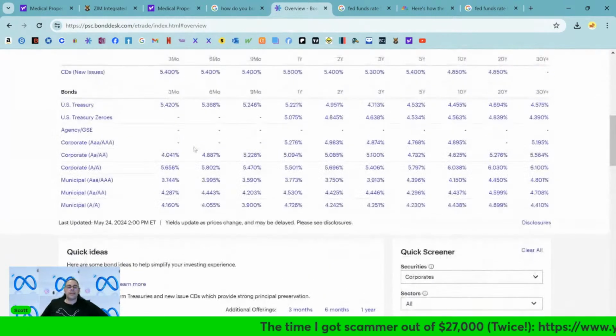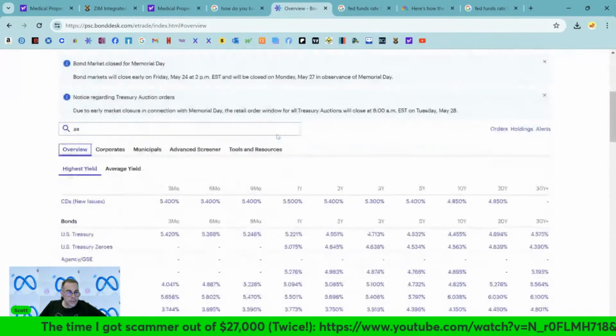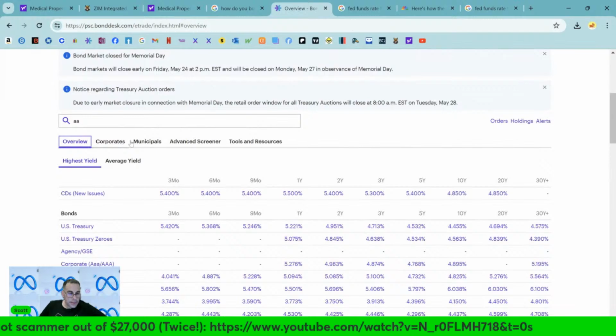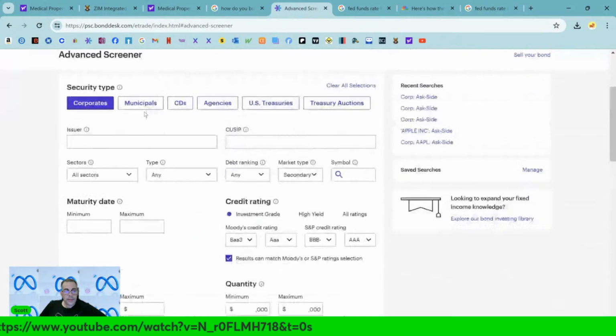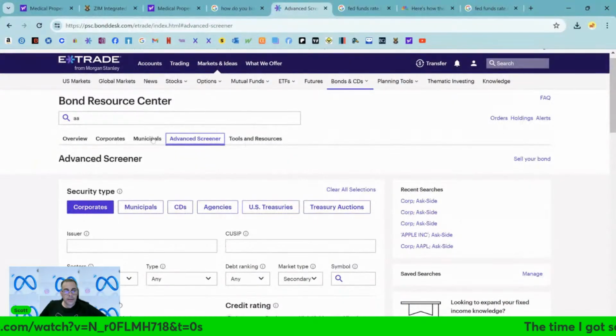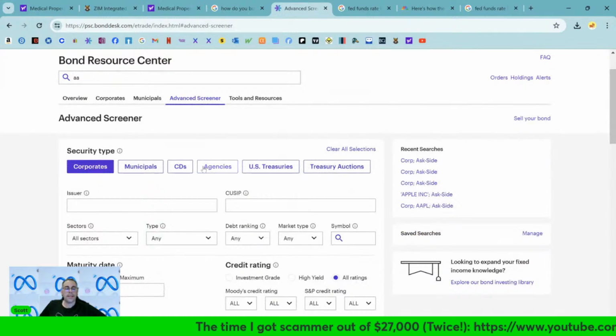You buy bonds? I mean, nothing wrong with bonds. I just usually don't buy it. Corporate, muni, CDs, treasury auctions.